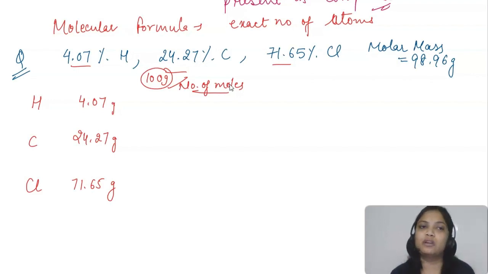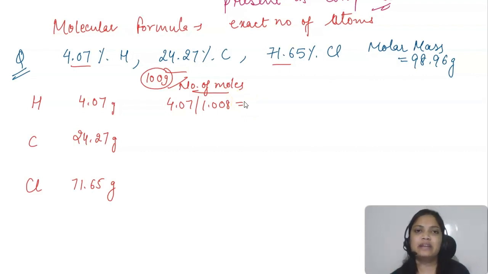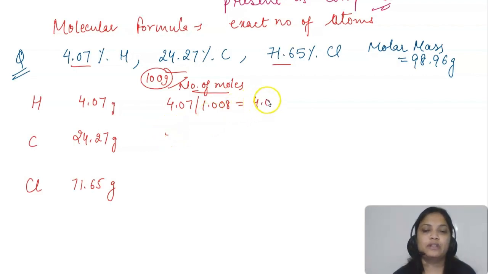In this case, molar masses will be the atomic masses. Since it's in decimal, I am taking 1.008. No worry students, you can take 1 also. In that case, the simplest ratio will come in decimal, and you can round it off. No issues. So it's coming out to be 4.04. You can do the calculations; I have already done it to save time.